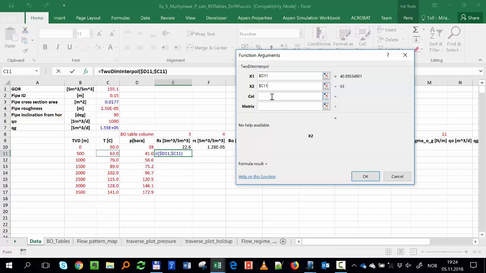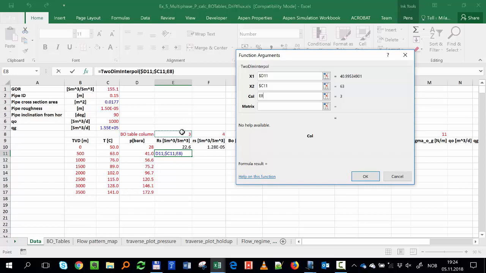Column. Where is the property that I want? I now want to calculate RS, right? And RS was in the third column. I have it here. I put here a reminder just to be sure in which column it is. So I'm going to pick that number. And what do I want to do with that number? Block it or not?